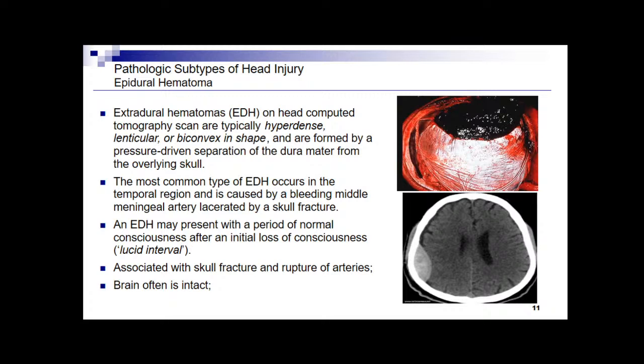Just after trauma, the patient loses consciousness due to the initial hit, due to contusion of the brain, for example. After restoration of consciousness, in several hours, the patient loses consciousness again.